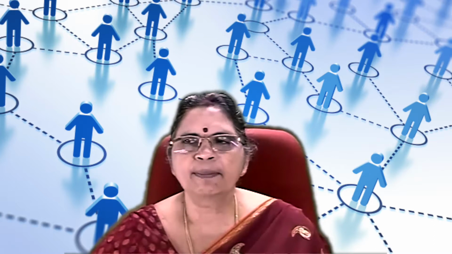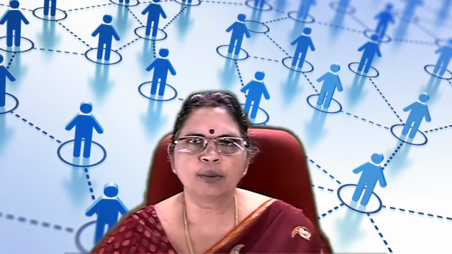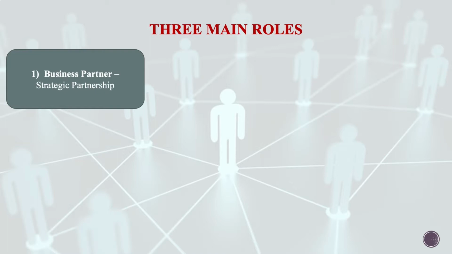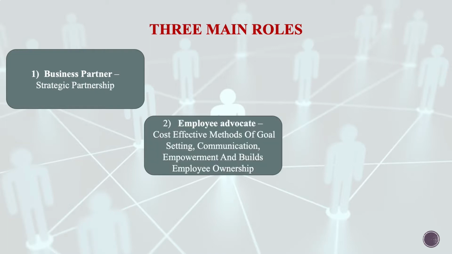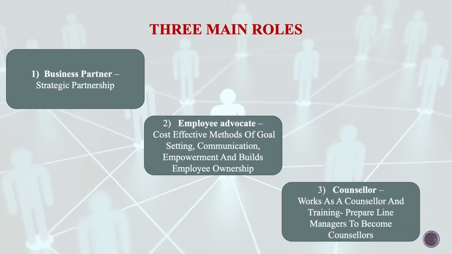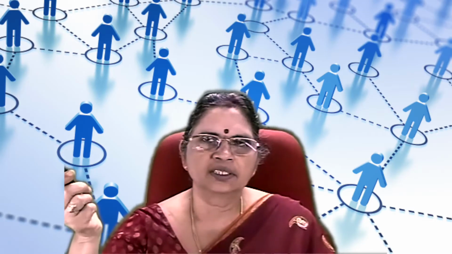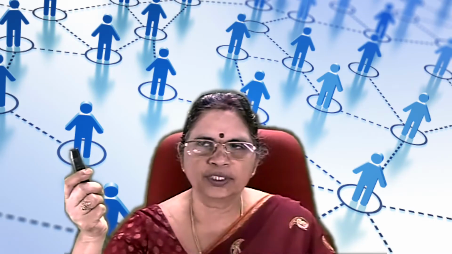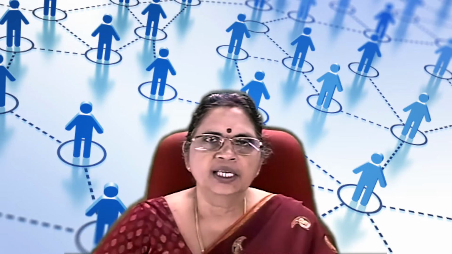And to sum up, the three main roles are business partner in the form of strategic partnership, employee advocate in the form of goal setting, communication, employee empowerment, ownership, etc., and working as a counselor in the process. And today, the new trend in the HR functions is something called EHR.